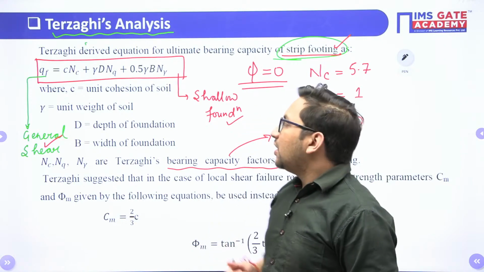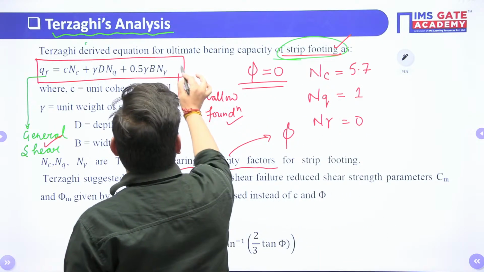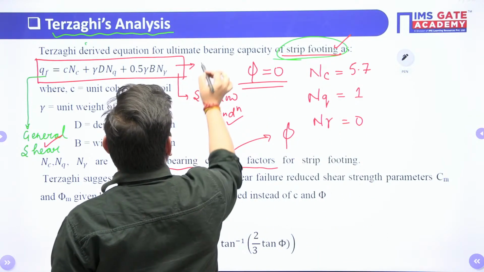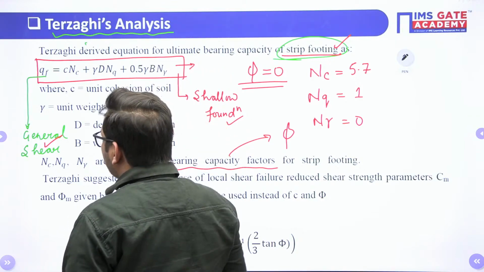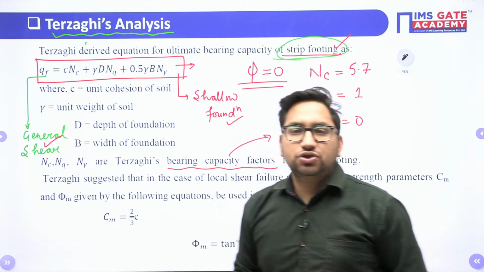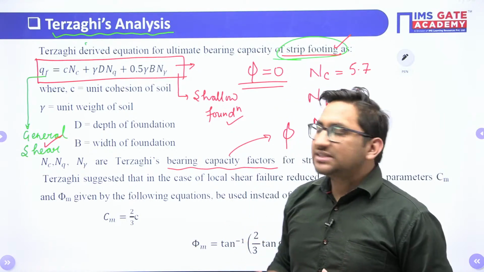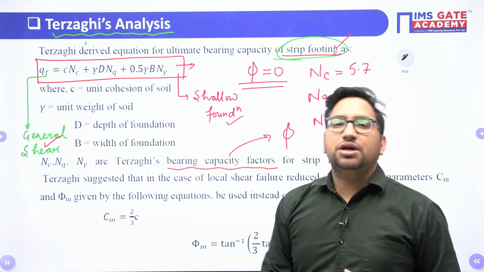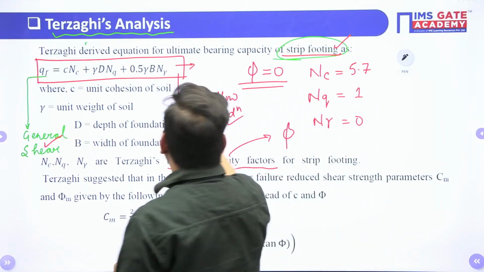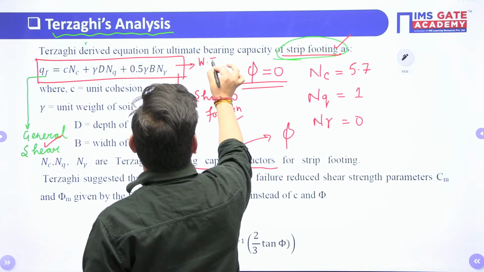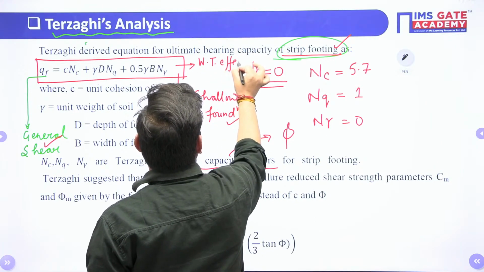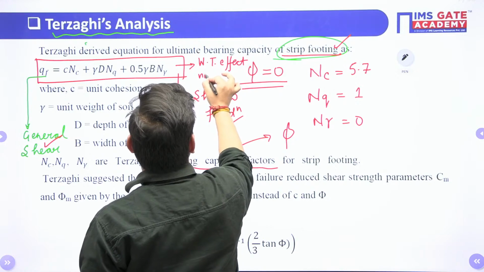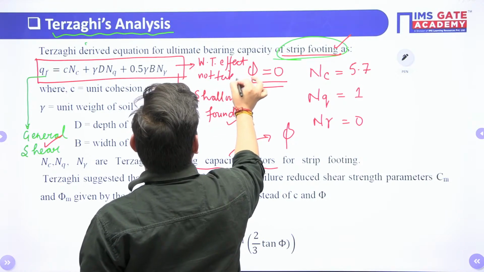Clear? One more assumption in this equation is that the water table is assumed to be below the influence zone of the foundation. It means the effect of water table is not taken into account. Right?